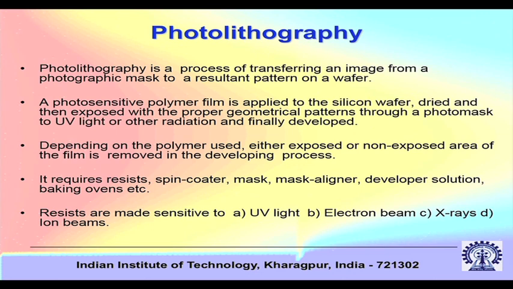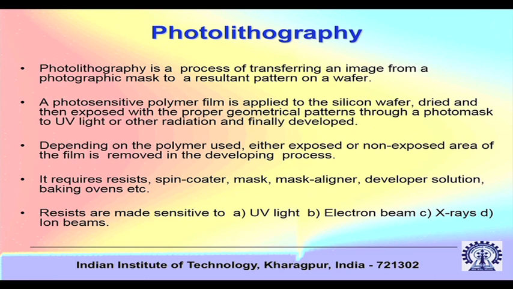We will discuss what the suitable method is. It is basically transferring a shape from the master pattern to the final object. It requires several things like photoresist, spin coater, mask, mask aligner, developer, baking ovens, etc.